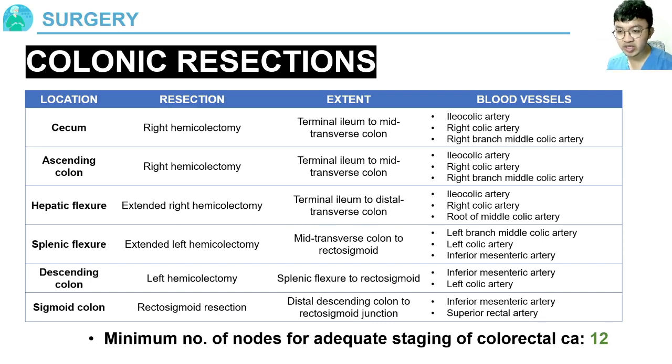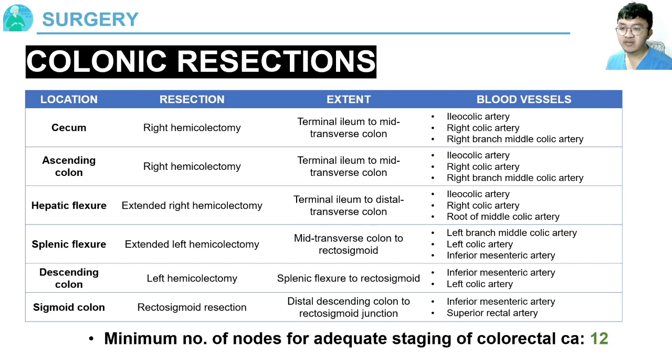So for the cecum, you can do a right hemicolectomy, which will involve the terminal ileum to the mid-transverse colon. Okay? So you ligate the ileocolic artery, the right colic artery, and between the two branches, remember you have your ileocolic, you have your right colic, you have your middle colic here, which is divided into the right and the left. You remove the right branch of the middle colic artery along with the ileocolic artery and the right colic artery.